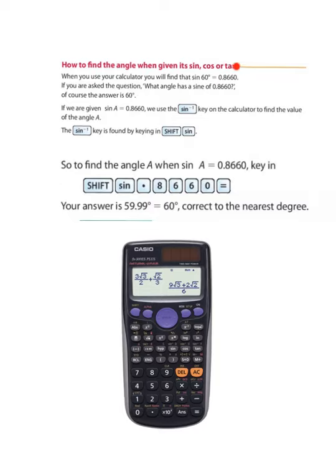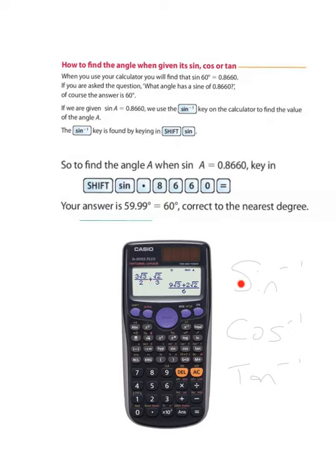So when they give you the trig ratio in decimal or fraction form, then you must use inverse sine, cos and tan. So the inverse sine, cos and tan would look like sine minus 1, okay, on your screen, or cos minus 1 would be the inverse of cos, and the inverse of tan would be tan minus 1. So that would come up on your screen here.